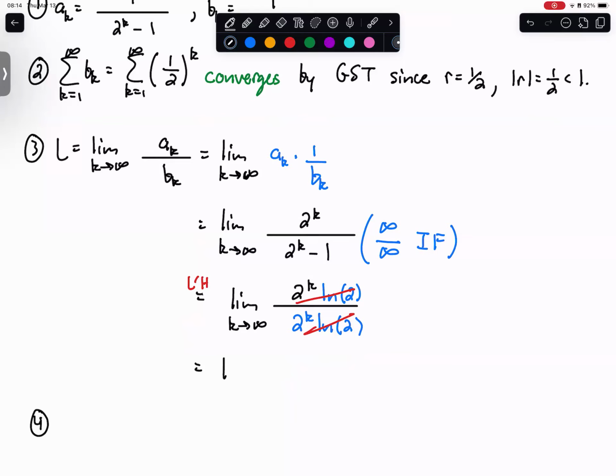The limit comparison test tells me both series must now share the same fate. Both of them have to converge, or both of them have to diverge. And because I know one of the series converges, I have no other option for the given series. It must also converge. So let's state that down.